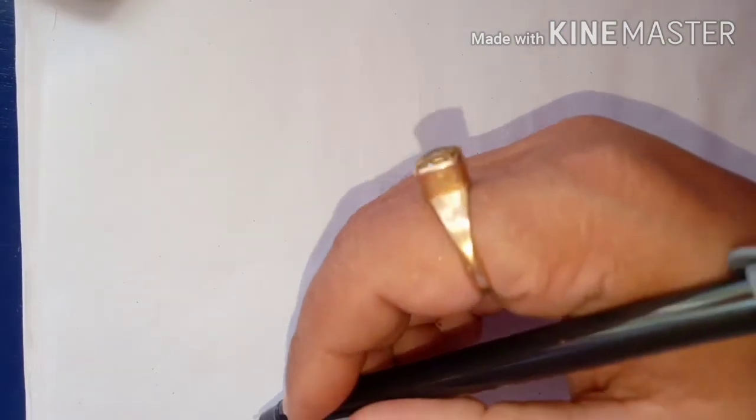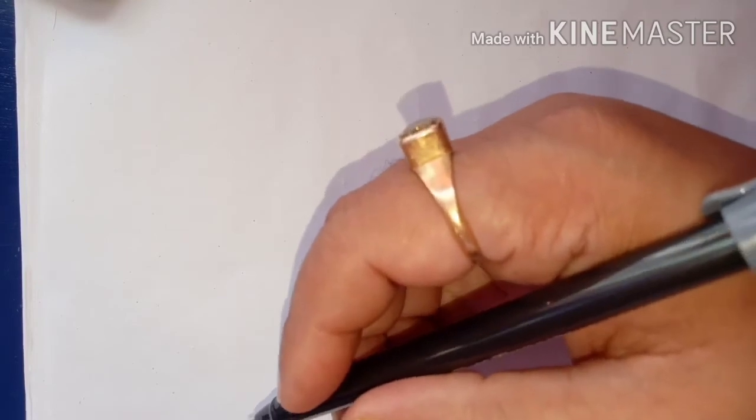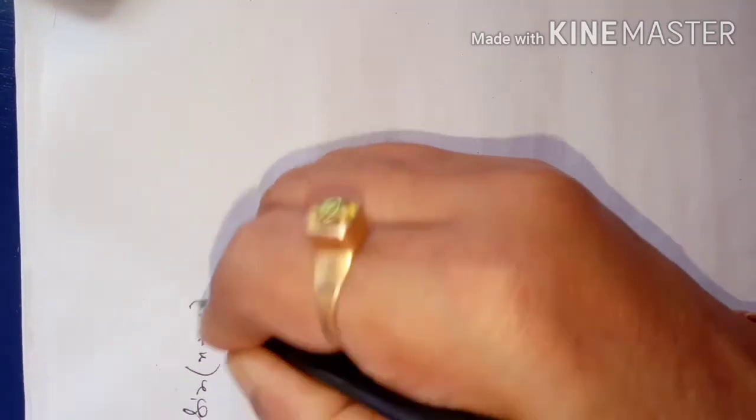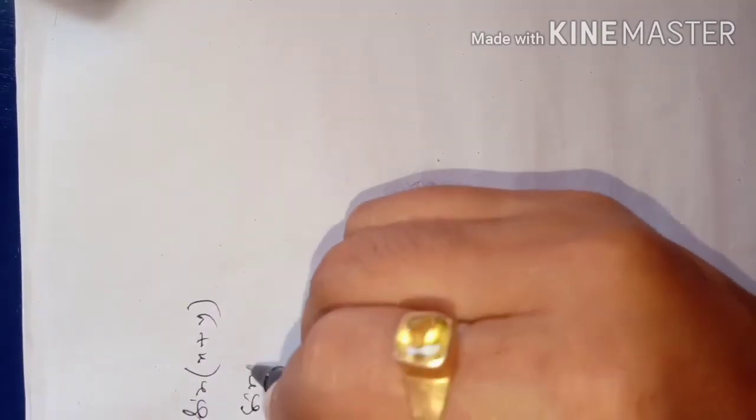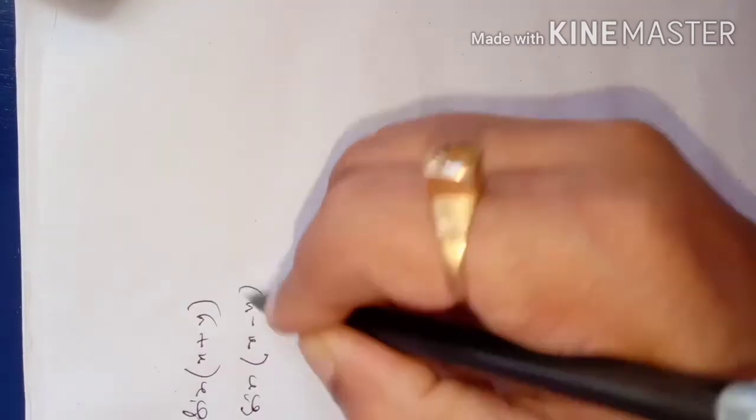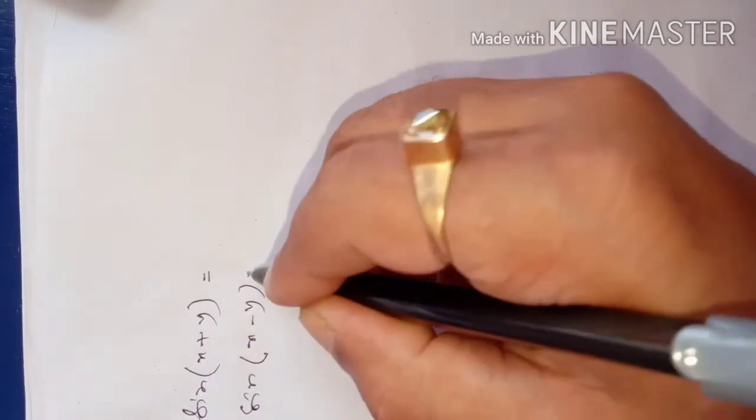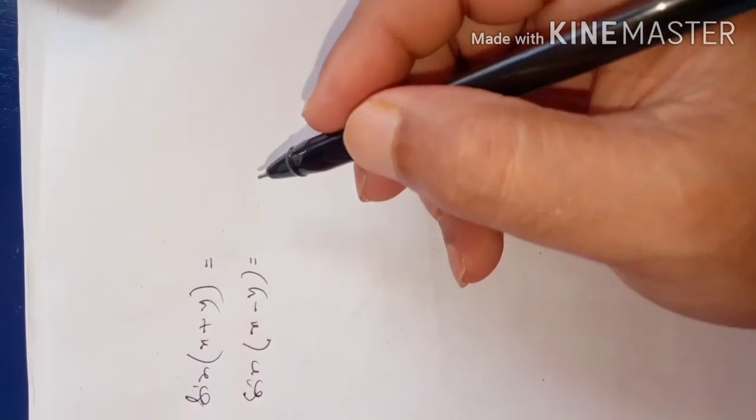Now you are acquainted with the process of forming identities. Suppose you are given sin(x plus y) and sin(x minus y). If you combine them, what will be the new identity?